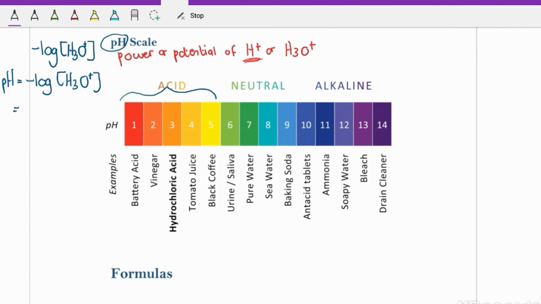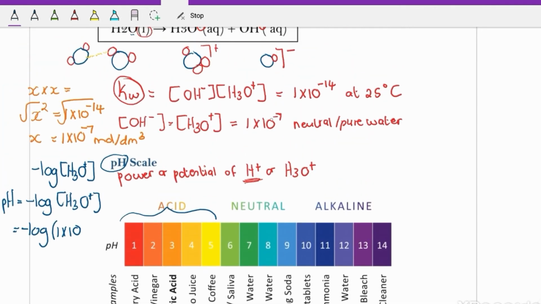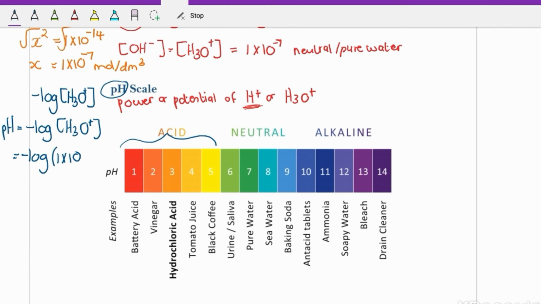You can choose a value, let's say 1 times 10 to the power of -7. If you scroll back, you can see that neutral or pure water is 1 times 10 to the power of -7. If we're working with a much higher hydronium ion concentration, let's say 1 times 10 to the power of -2, that's much higher.